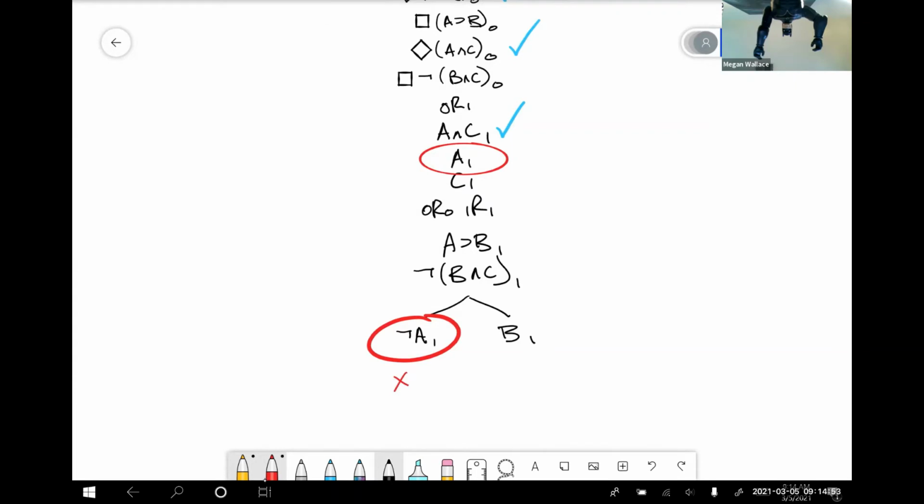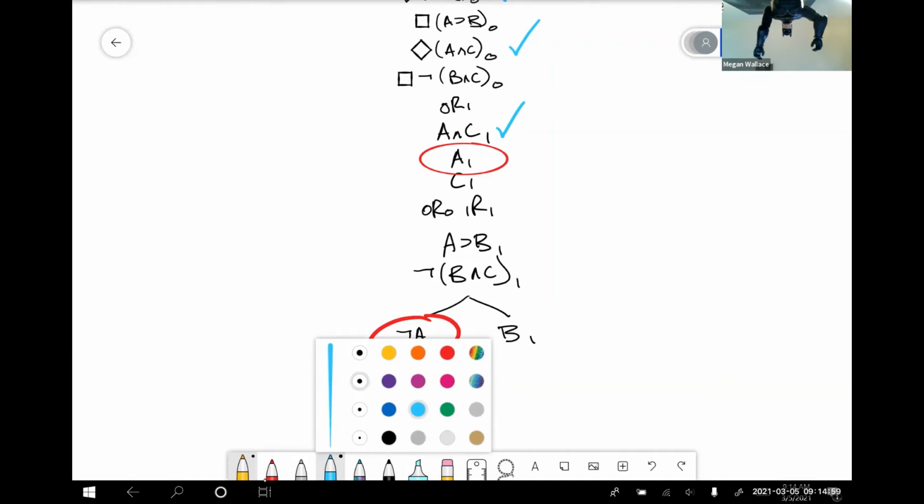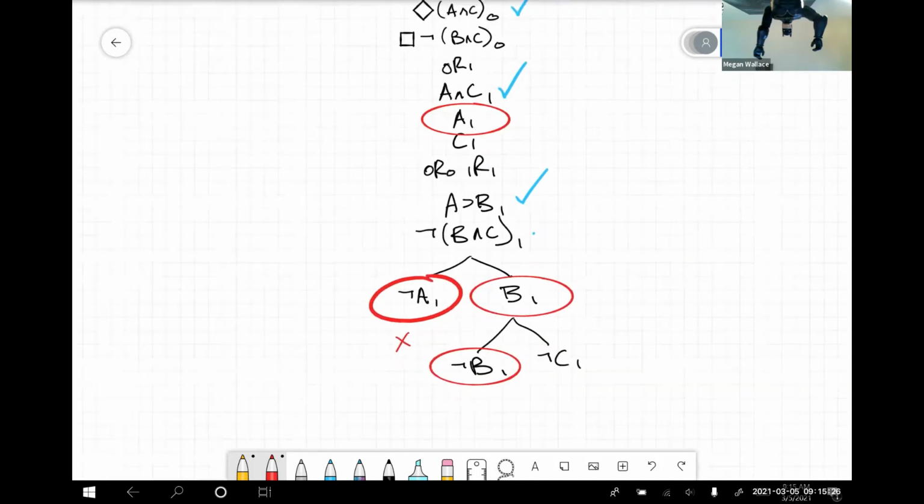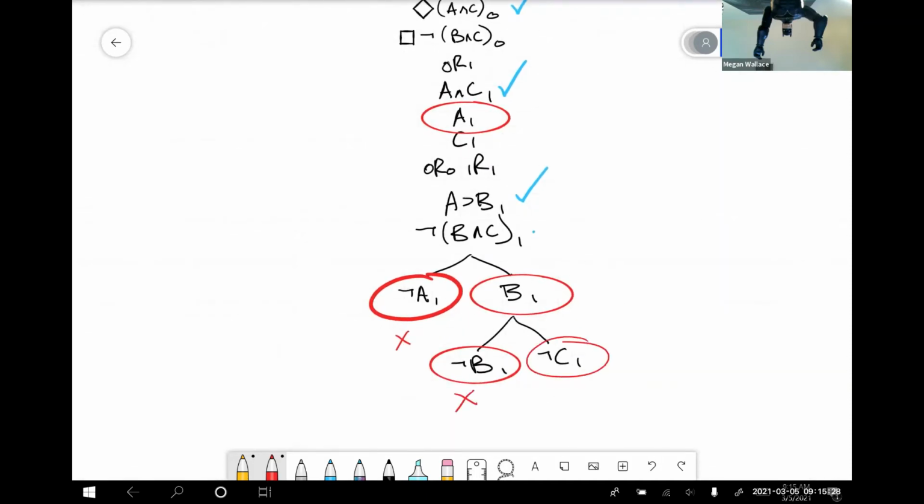And that was me just applying the conditional rule to this one right here when I split the branches and then got the contradiction, but we still have this one right here. So I'm going to do that, and that gives us, remember, it's a negated conjunction. So it means that we get not B at 1 and not C at 1. And that gives us a contradiction here and here. So that we can close, and then we've got a contradiction here and here, and we could close that as well.